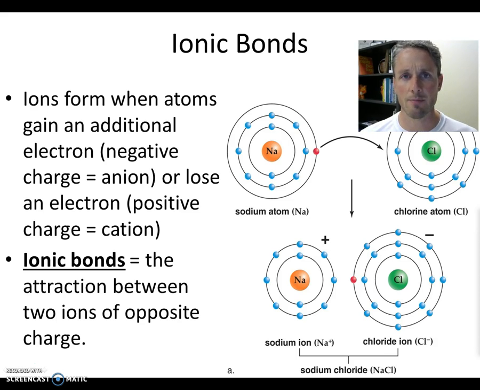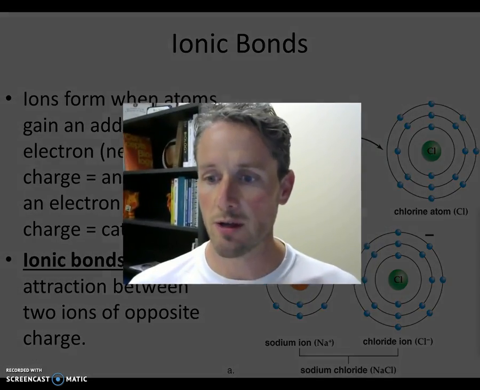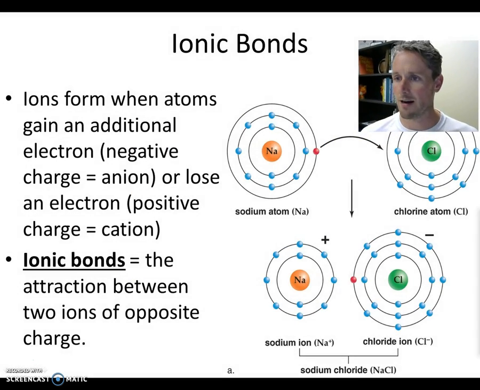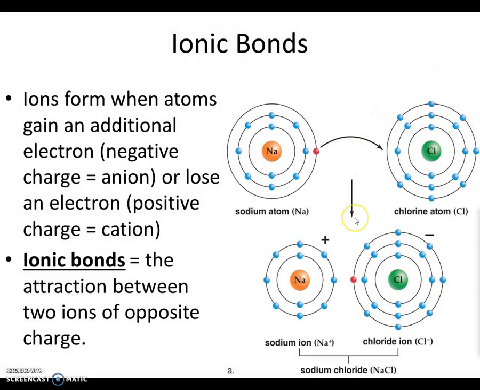And the most common example of an ionic bond is sodium chloride. Sodium chloride forms when a sodium atom, which has just one electron in its outermost shell, wants to give away that electron so that it can have a full outermost shell to an atom that requires one additional electron.